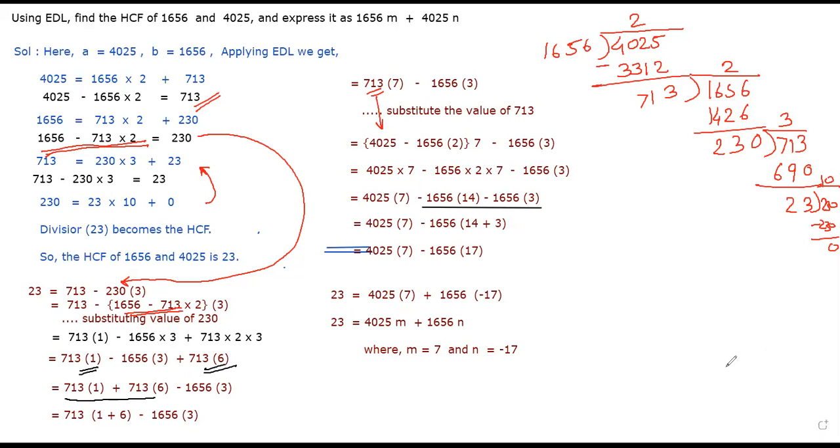Solve it very, very carefully, all of you. And later on the calculator, you will check 4025 into 7 minus 1656 into 17, whether you get the answer as 23. Definitely you will cross check so that you yourself will understand how beautiful an answer we have got. Understand and solve. Do not copy. It's a very critical sum.